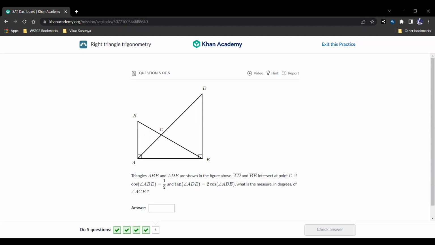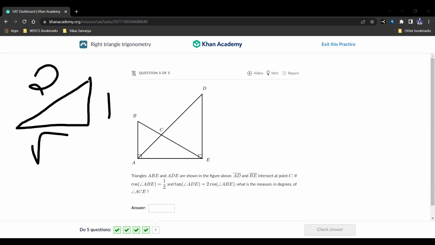Well, cosine of ABE is 1/2, so let's draw our right triangle out again. We draw our 30, 60, 90 triangle out again. 1, 2, root 3. So this is going to be opposite of root 3, so it's going to be 60. So that means that ABE is going to be 60 degrees.